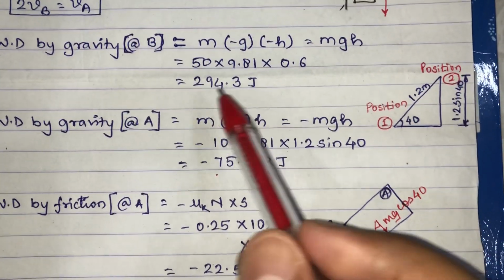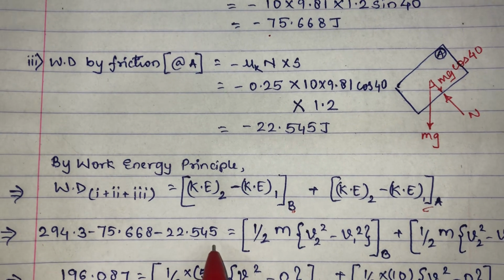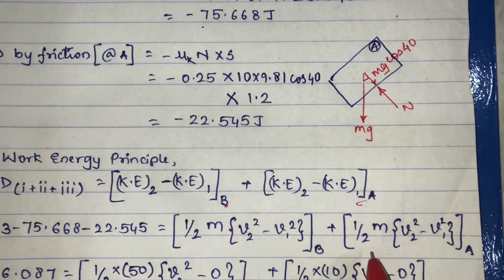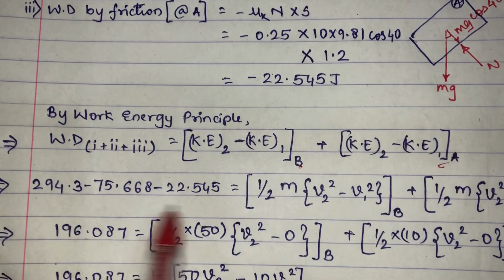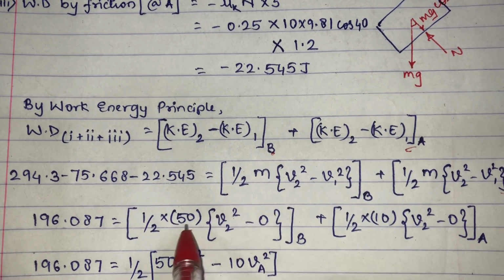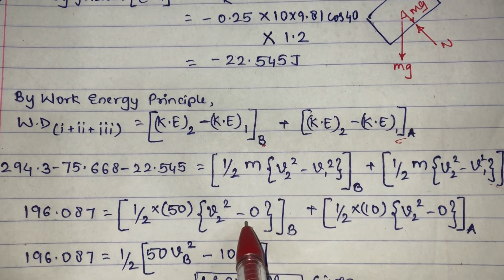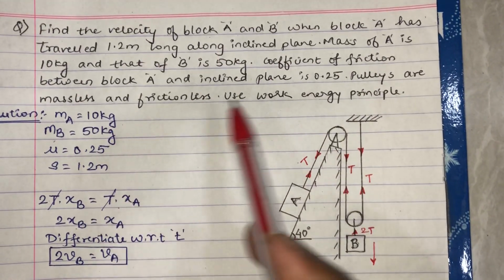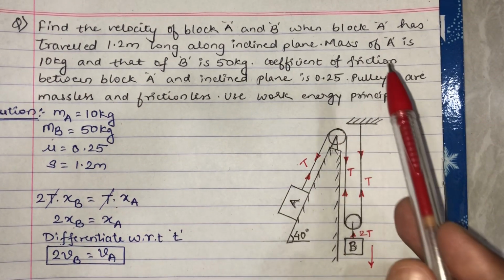We'll place all these values: 294 minus 75 minus 22.545 will be this value. Here we'll be writing half m (v2 square minus v1 square) for B, and half m (v2 square minus v1 square) for A. If we'll calculate this, half m, at the place of m, which is mass B, is 50, v2 square we have to find out, v1 is 0, as the question doesn't mention anywhere that the body is moving and then it starts the next motion.